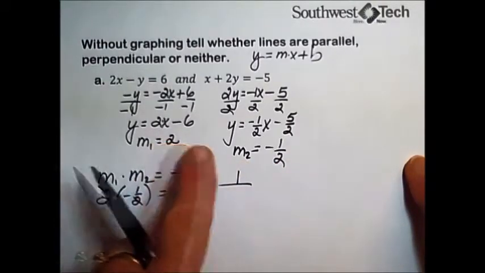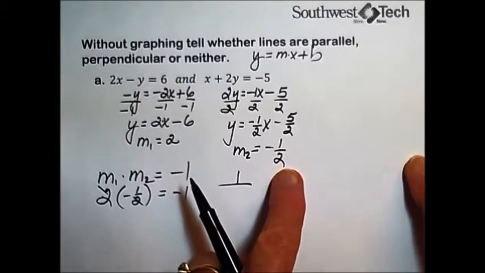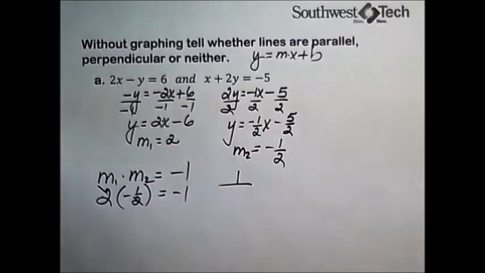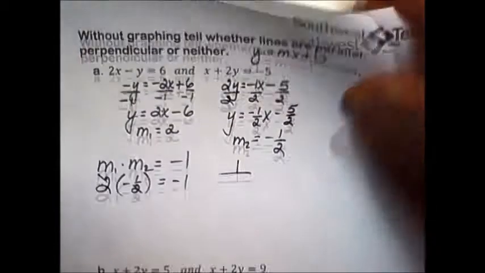The reciprocal of 2 is 1/2, and it has to be the negative, meaning the opposite of the other one. So we can see, given a slope, what its perpendicular line slope would have to be by taking the opposite or negative reciprocal of the given line's slope.